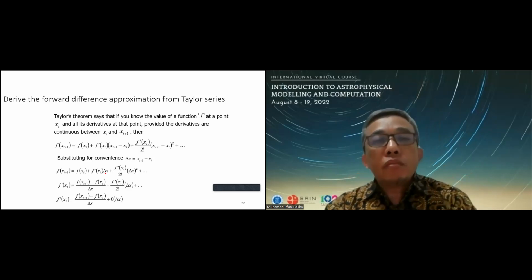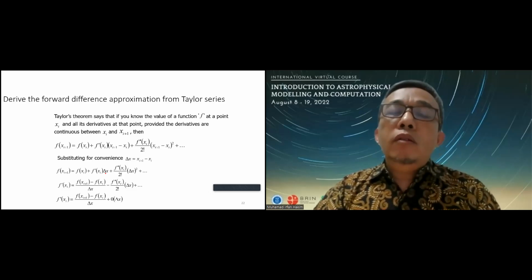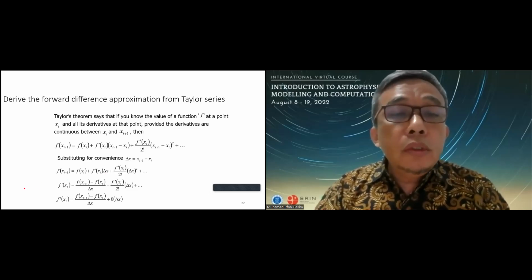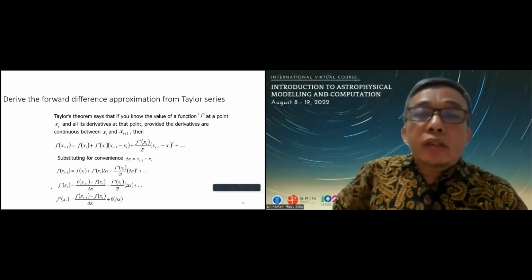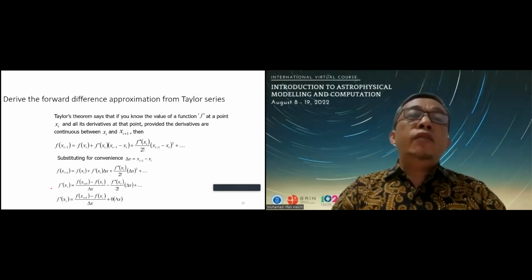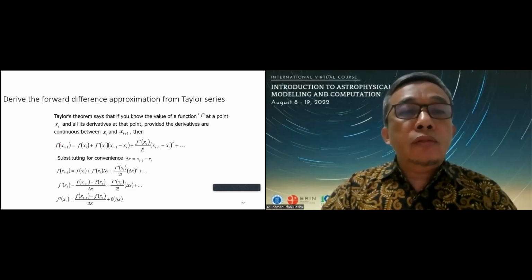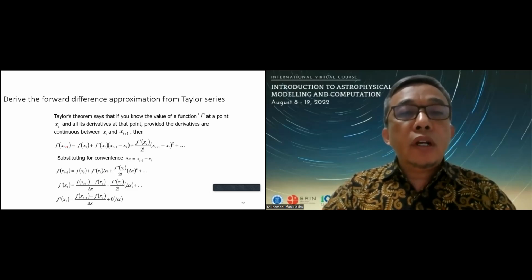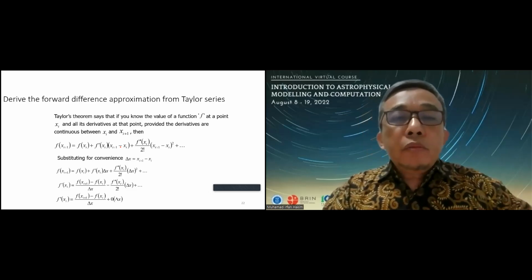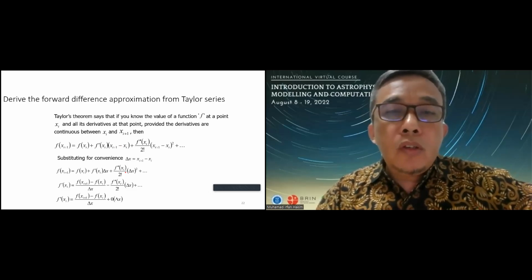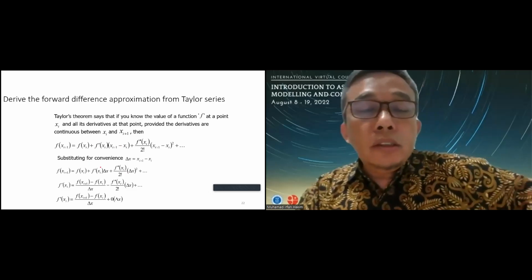If you look at the formalization of the Taylor series, we understand how this finite difference method is built by expanding the value of function f near x at node i plus 1, and we approximate this infinite series by a finite series.